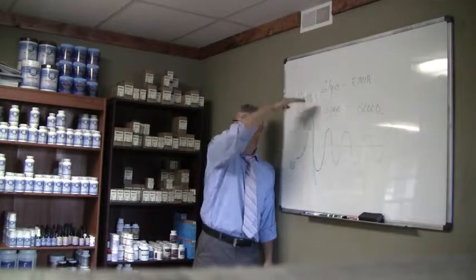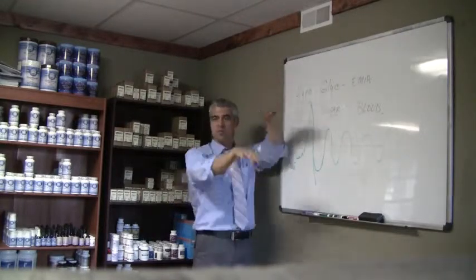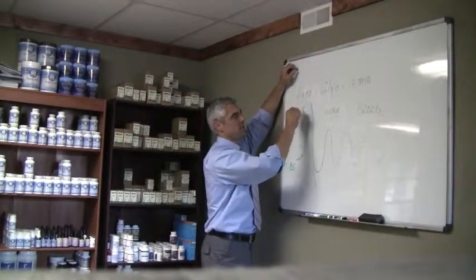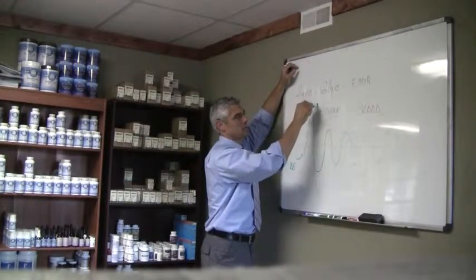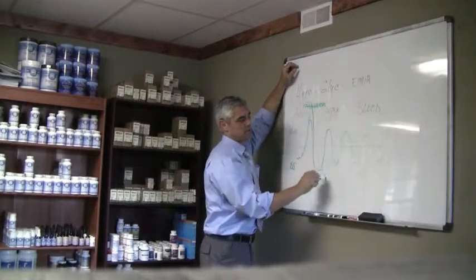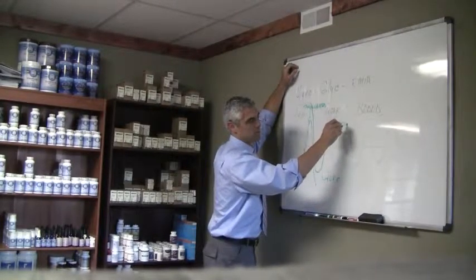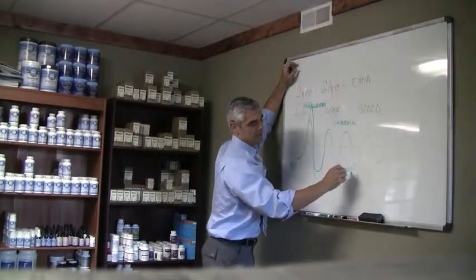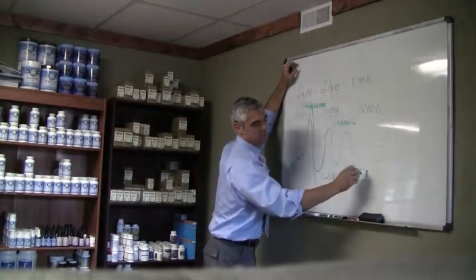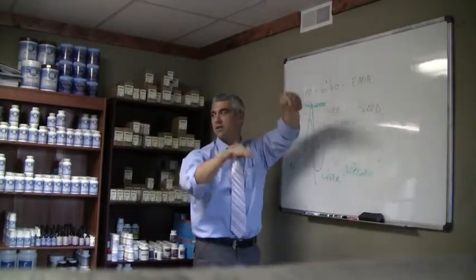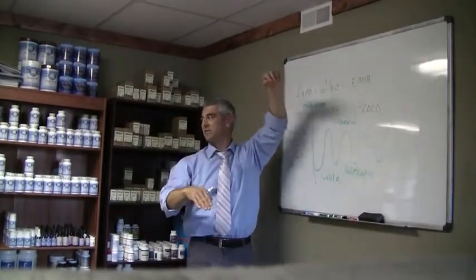And that up and down yo-yo, the more extremes we get, the more challenge there is on the pancreas, the liver, the thyroid, the adrenals, and this yo-yo effect starts to be greater and greater until those organs are not as sensitive.